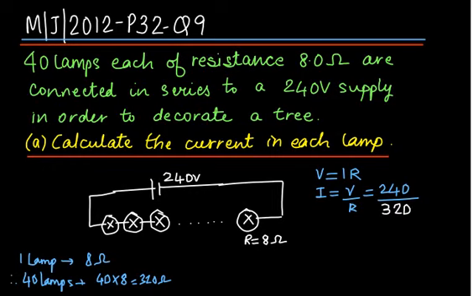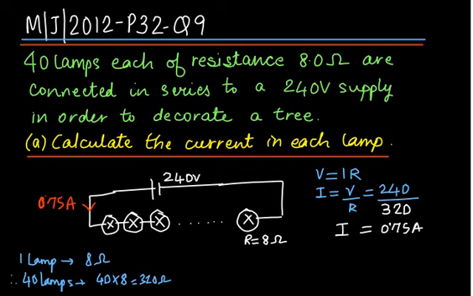Now when I divide 240 by 320, I get 6 upon 8, which I further calculate. It gives me 0.75 amperes. That means the current in the circuit, that is passing through each lamp, is 0.75. So let me just label this. The current is equal to 0.75 amps.